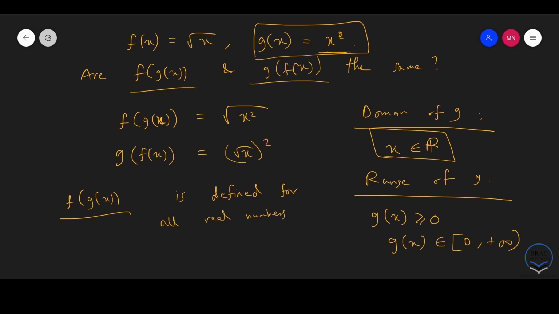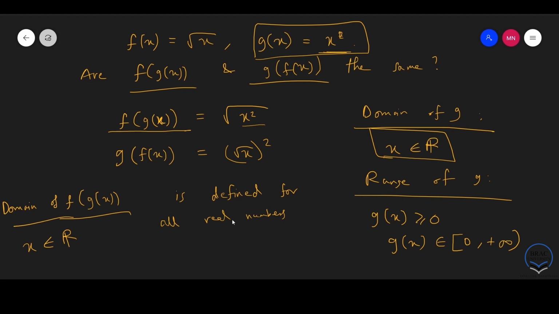Because we have an x squared, we can take any value of x, and because of the squared term, we will get something non-negative. And under the square root, f of g of x can then be defined. So the domain of f of g of x is x belongs to the set of all real numbers.